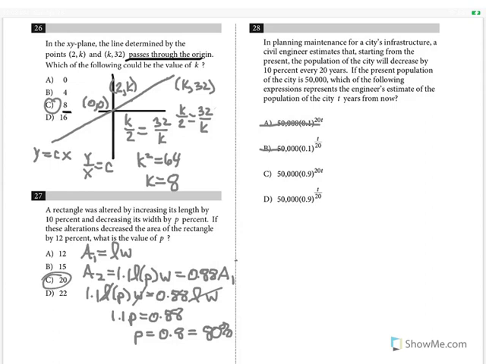So the 0.9 is the base, not the 0.1. And the next part to that, the decrease is 10% every 20 years. So that means the 20 is going to be the denominator in our exponent. We're going to have a rational exponent with 20 as the denominator. And so it's going to be D. All right.